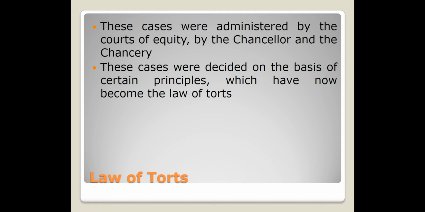So these cases that were brought before the king upon special request were administered by the courts of equity. These cases were decided on the basis of certain principles which have now become the law of torts. So that's where the law of torts has come from.